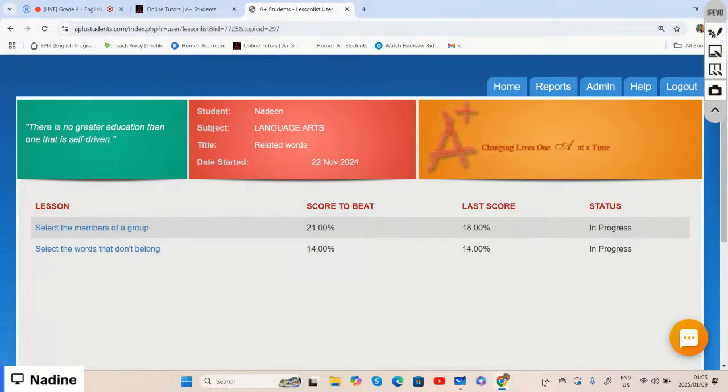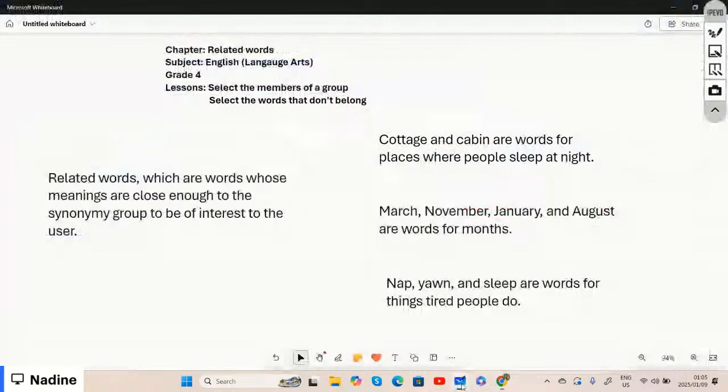All right, so our chapter is related words, our subject is English language arts, and we're doing grade 4.